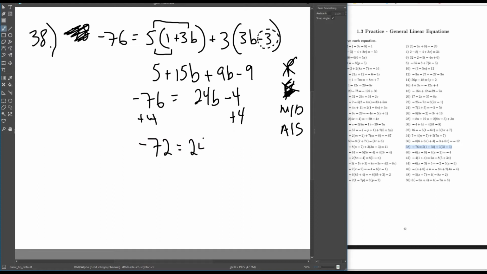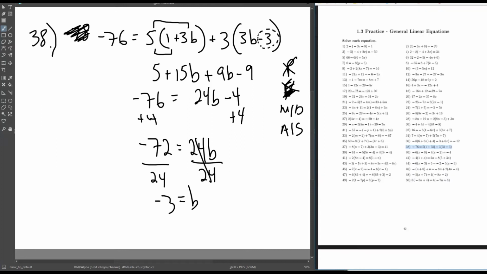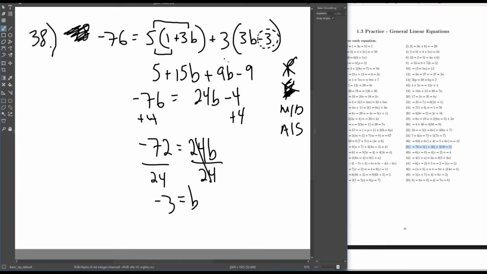So 24b divided by 24 equals b. Negative 72 divided by 24 equals, take out your calculators, minus 3. I'm going to go check to see my answer. Yes, it's good, it's good, it's good.